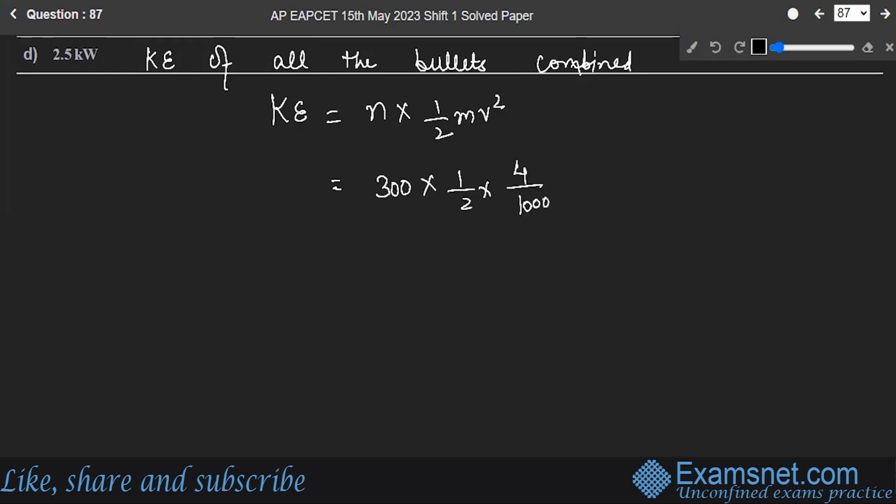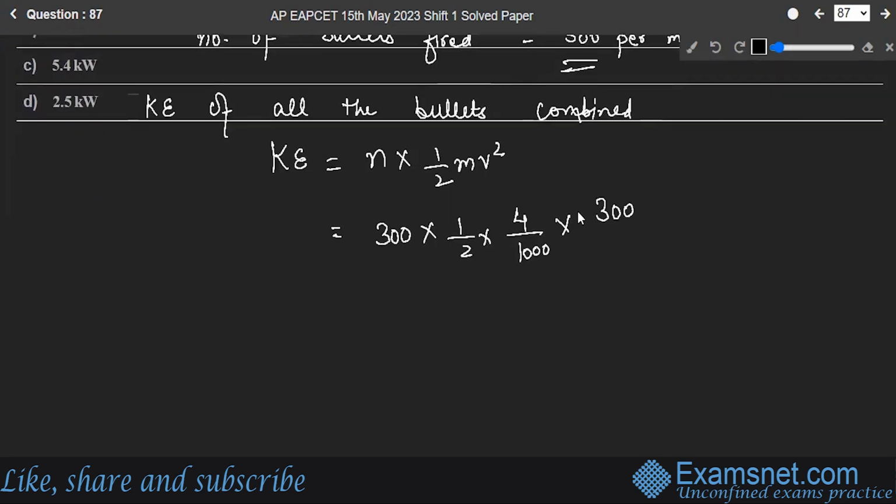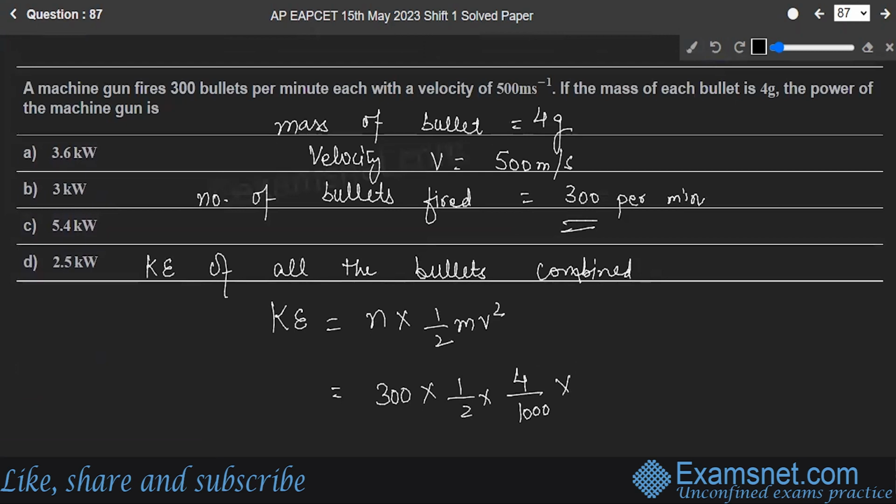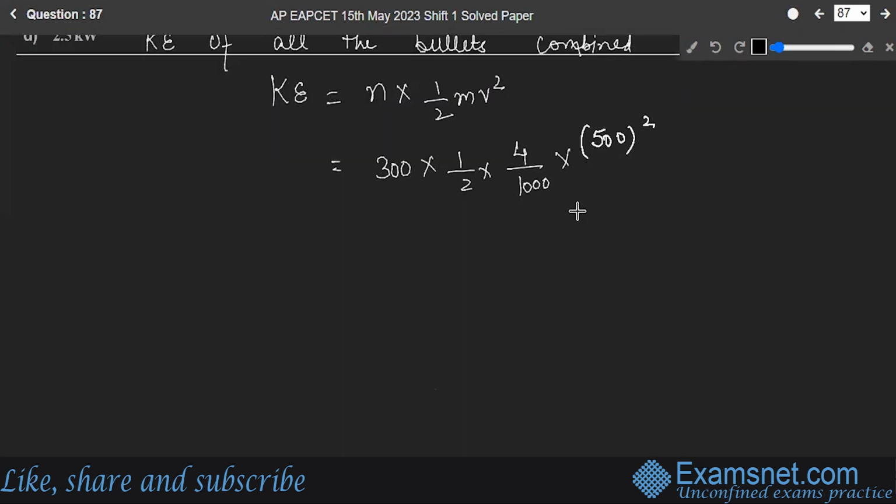So I'm converting into kg, and V is 500, so this is 500 square. That makes this equal to 0.6 into 25 into 10 raised to power 4, or you will have this as 150 into 10 raised to power 3 joules. This is the kinetic energy of all the bullets combined.